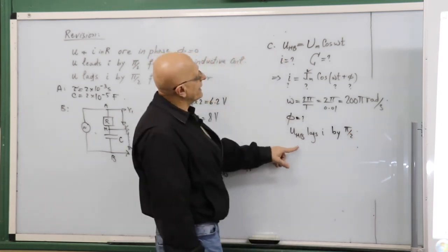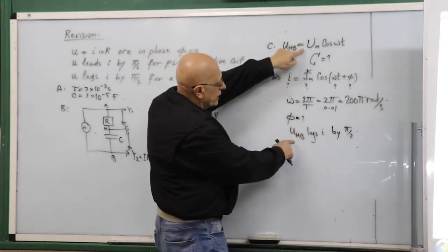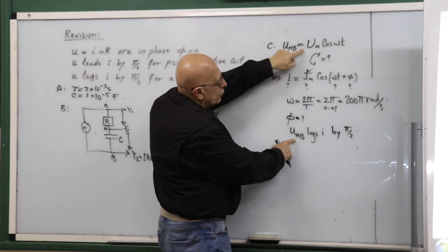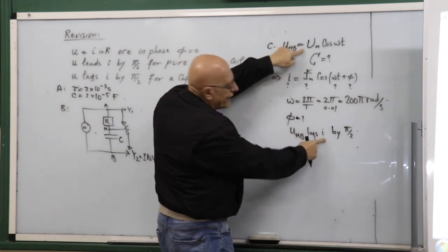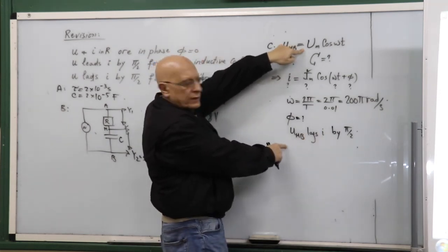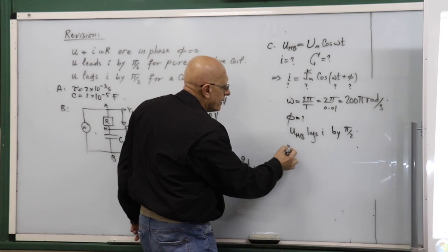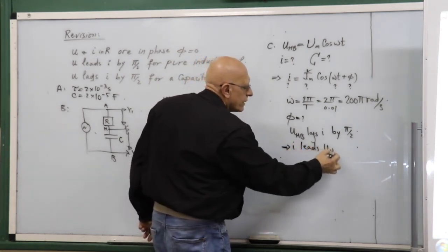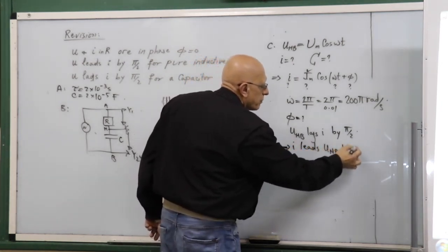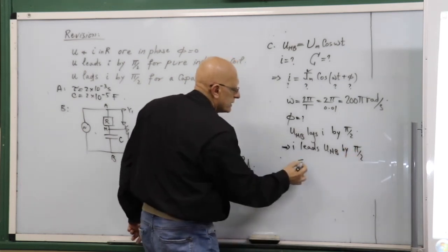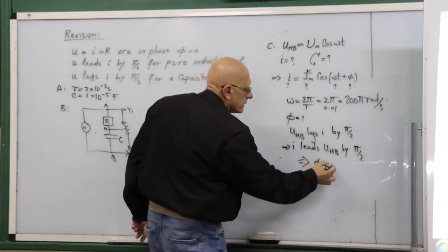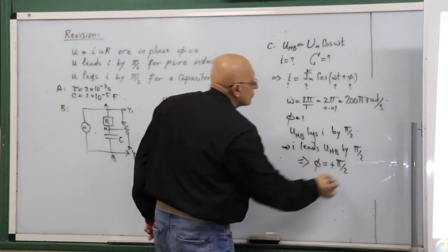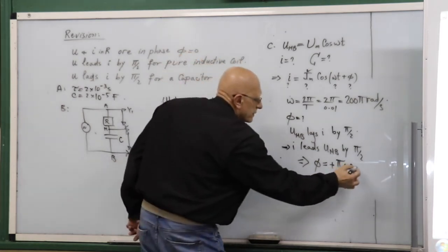But in this case, my reference is UMB. So I want to find I relative to UMB. So we write I leads UMB by pi over 2. This implies phi is equal to plus pi over 2 radian.